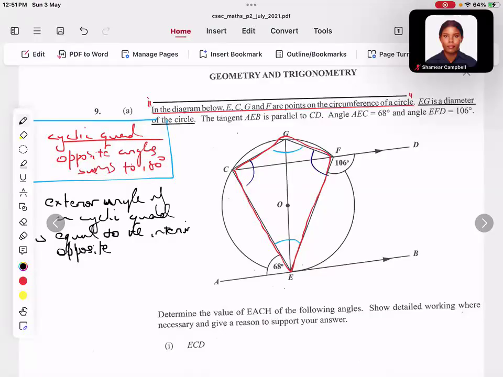When a diameter is in a circle, chances are it creates a 90-degree angle. Now, where is the 90-degree angle, guys? The 90-degree angle is right here in yellow. So wherever there's a diameter, there is a 90-degree angle involved. And there's one over here as well. That's also 90 degrees.